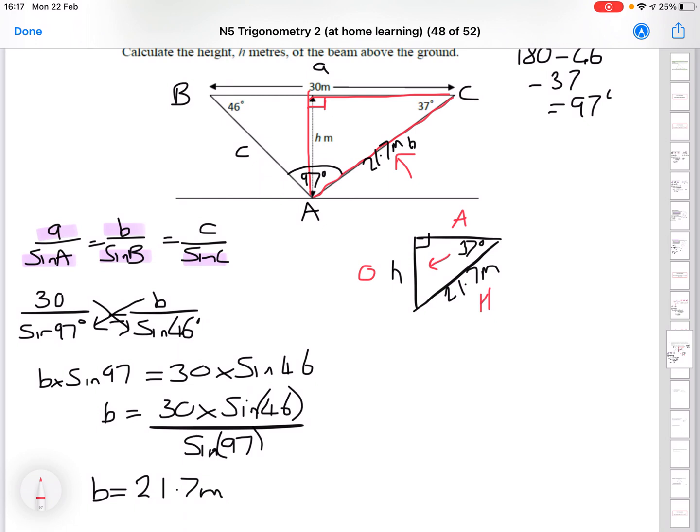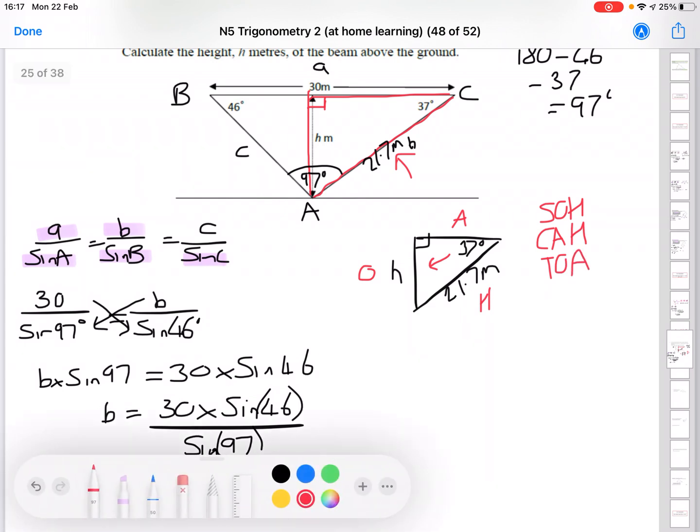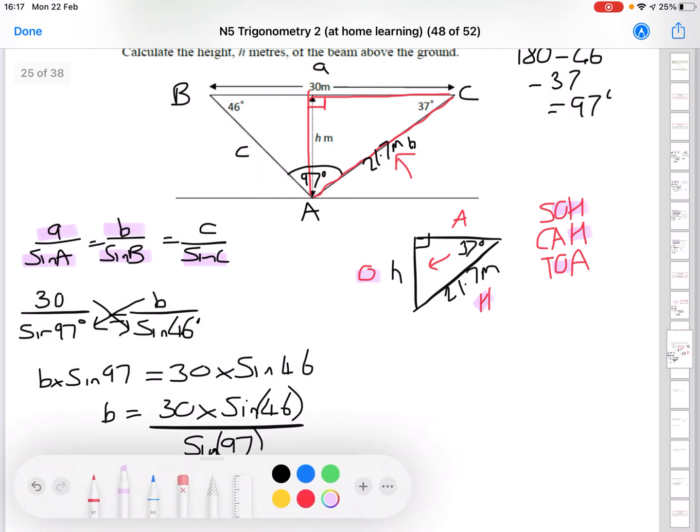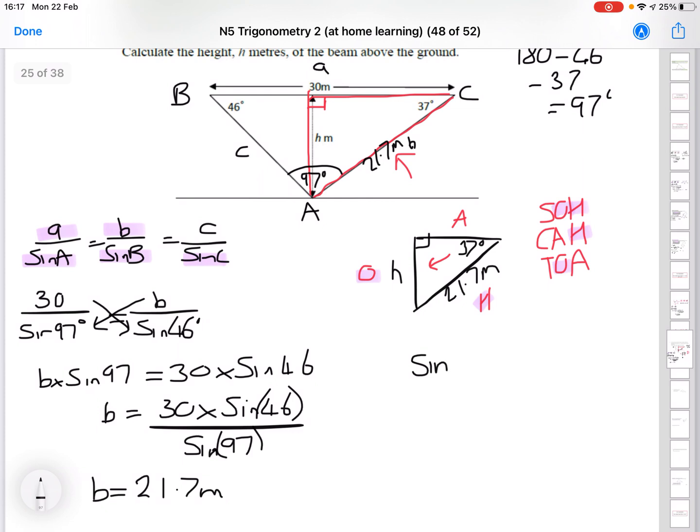So if we just have a quick look at SOHCAHTOA as a little reminder, we have our hypotenuse, and I'm looking for my opposite side. So the one that has two letters highlighted is the one that you would use, so it would be sine, S-O-H. So sine of 37 is equal to the opposite side, which is h, over the hypotenuse, which is 21.7.